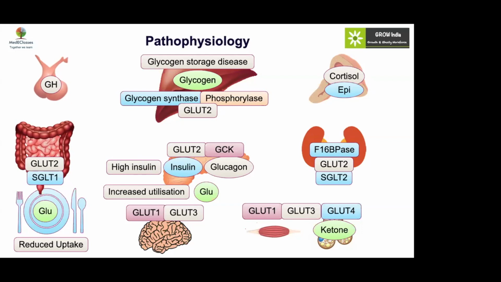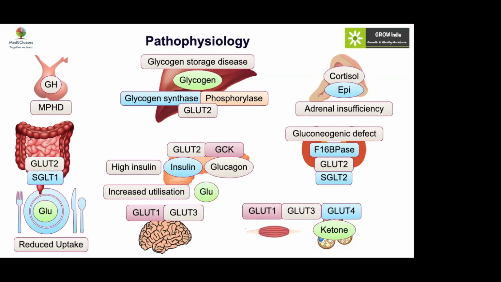Or if your supporters are gone, your family members are not helping, your counter-regulatory hormones like growth hormone and cortisol are not helping you out. And finally, your bonds are gone, like gluconeogenic defect. And if your property is also not selling, like ketone defects, you will have these problems. So all these problems can cause hypoglycemia.